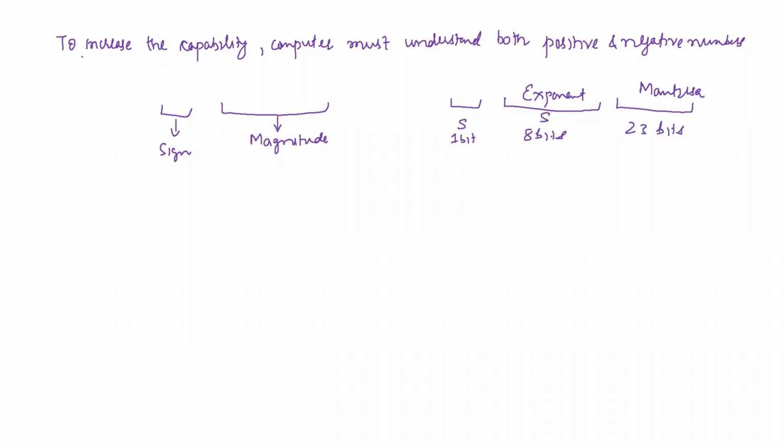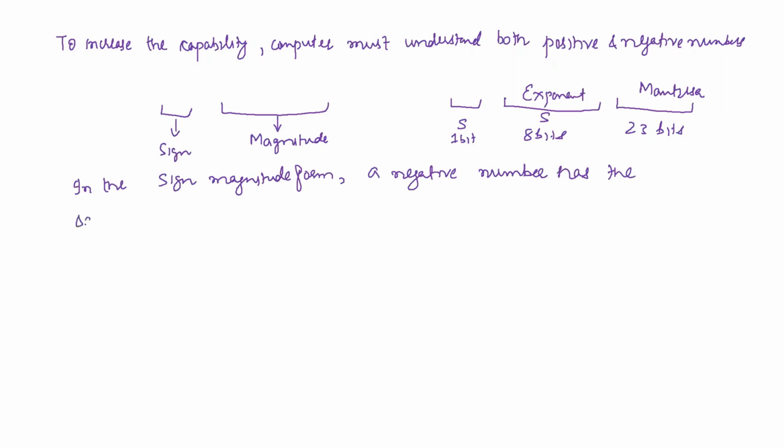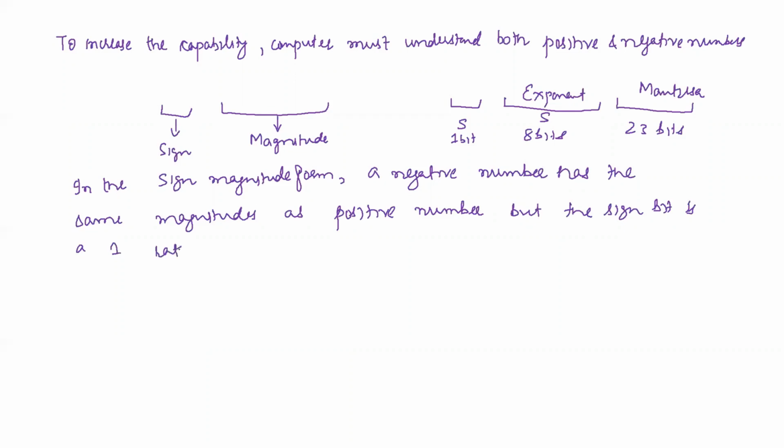So what's actually inside that? That's important. When you talk about sign magnitude, in the sign magnitude form, a negative number has the same magnitude as a positive number, but the sign bit is a 1 rather than 0.